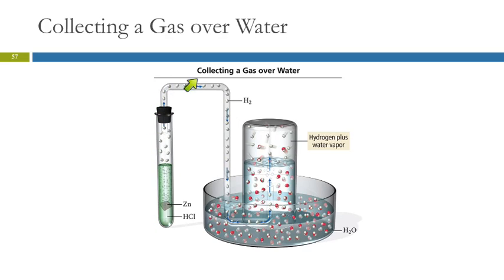It's going to escape through this tube, and we come over here where we have an inverted beaker in a dish of water. It's a little bit like the barometer, but it's water instead of mercury. And the gas will bubble through here, and as it fills this up, it's going to push water out. And so now we've got hydrogen gas plus water vapor. But if we're interested in the moles of hydrogen, we have to take into account that there's water vapor there as well.